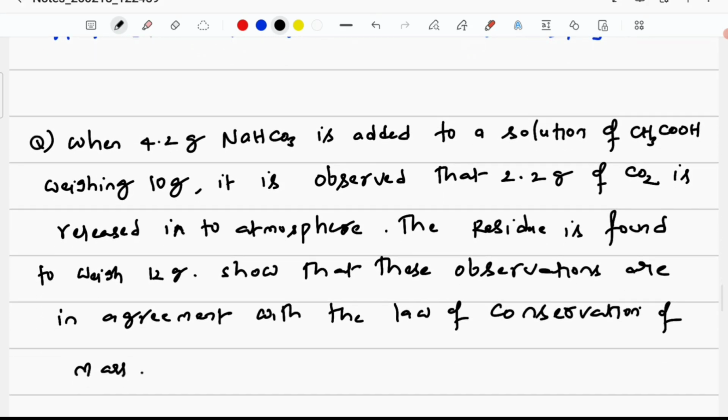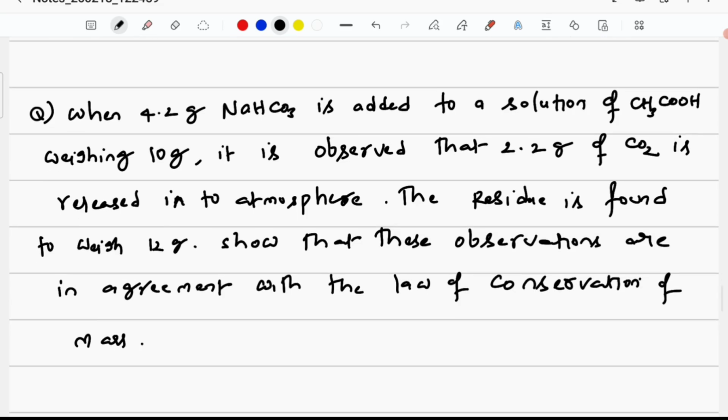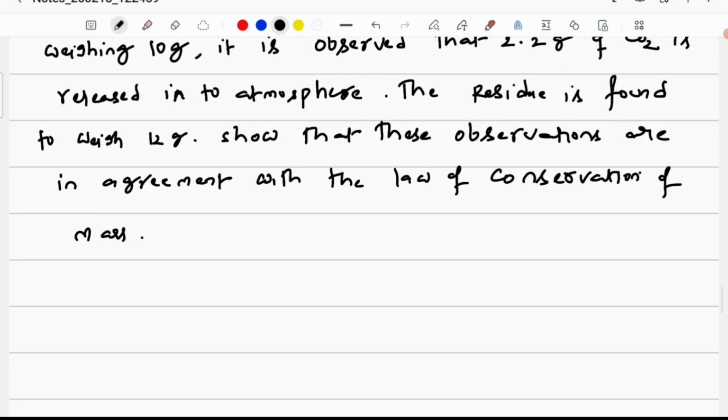That was the basic definition, the basic statement. Now moving to one question so that you will get more clarity about it. When 4.2 grams of NaHCO3 is added to a solution of CH3COOH weighing 10 grams, it is observed that 2.2 grams of CO2 is released into the atmosphere. The residue is found to weigh 12 grams. Show that these observations are in agreement with the law of conservation of mass. So how do we show this?